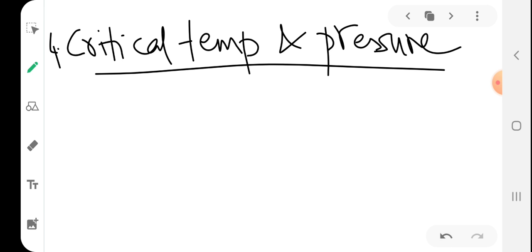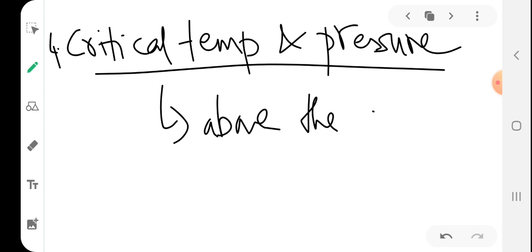So it is the maximum temperature at which the refrigerant vapor can be condensed to a liquid. The value of that temperature should be above the highest condensing temperature that can be.